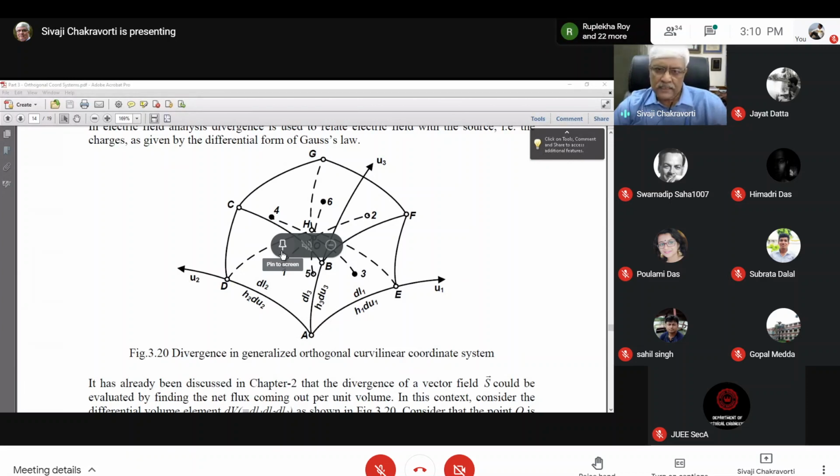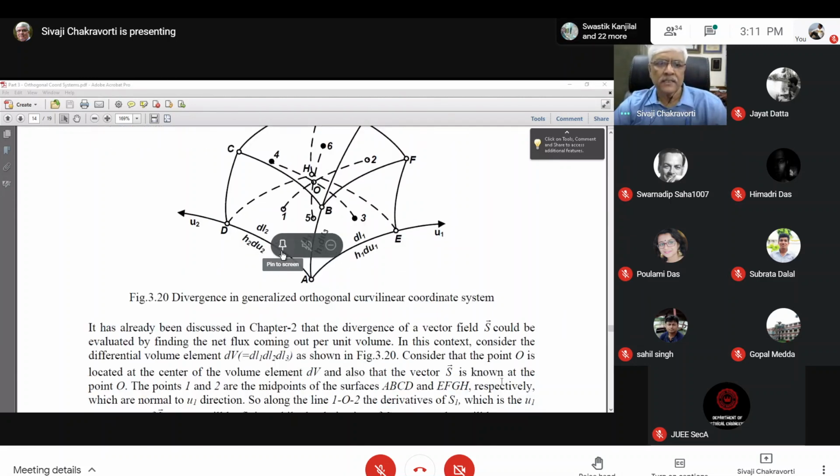In our previous discussion, we said this is dx into area. But now we are saying not dx, it is S1, the component in the u1 direction, multiplied by this area at the point 1. This is the flux going in. Flux going out is the value of S1 at the point 2, multiplied by the same area, dl2 into dl3.